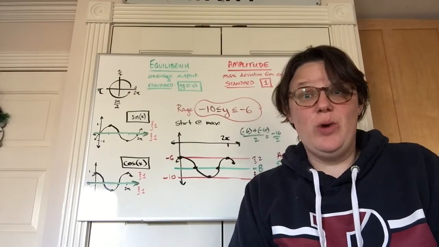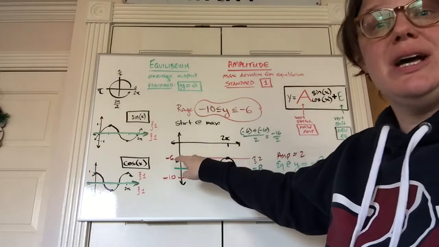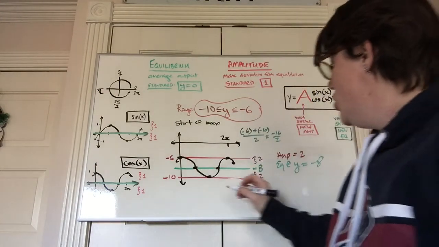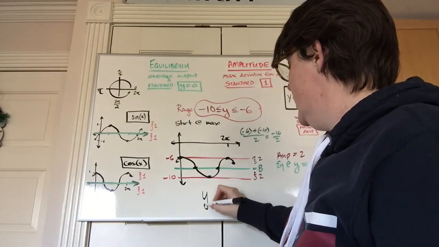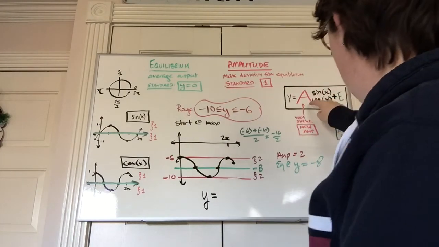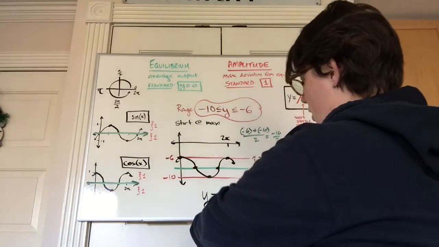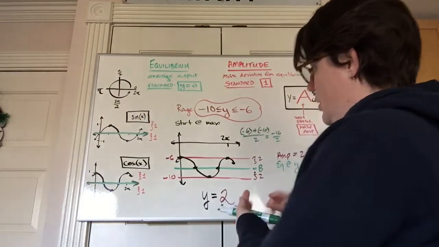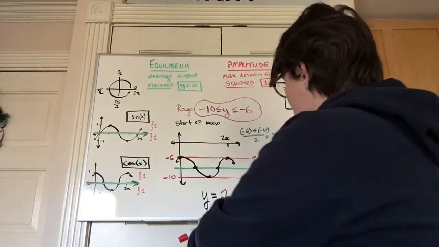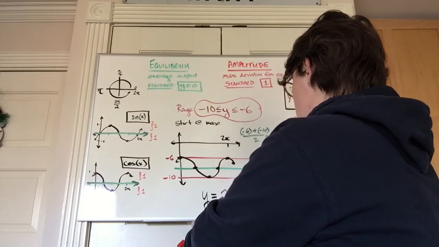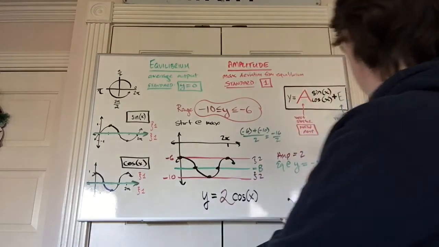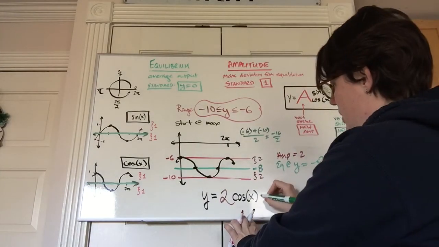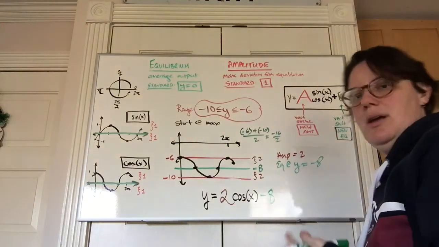And if I want to write the equation, I know this is cosine because it starts at maximum. So I'm going to say that the equation of this is amplitude, vertical stretch of 2, starts at its maximum, so cosine, and vertical shift, equilibrium of -8.